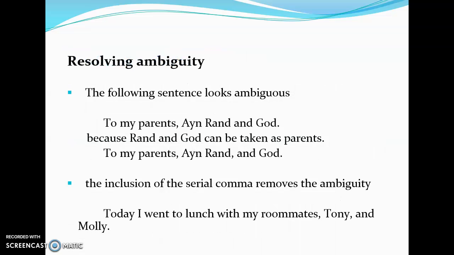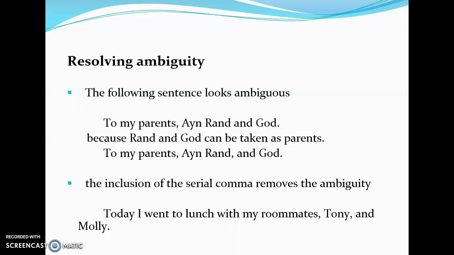Now we are using this Oxford comma in order to resolve ambiguity. The following sentence looks ambiguous: "To my parents, Ayn Rand and God." Here, because Rand and God can be taken as the parents, there is an ambiguity whether God is a separate person as it is.